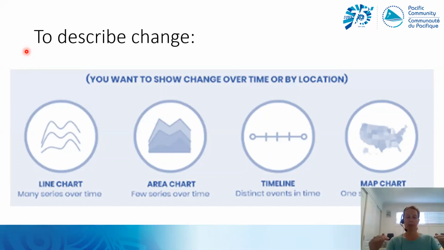We have time on the x-axis and rate of change on the y-axis. And again, all of these charts are readily available to produce in Excel. For a timeline as well, that's always interesting in an infographic, and you may end up doing that by hand.